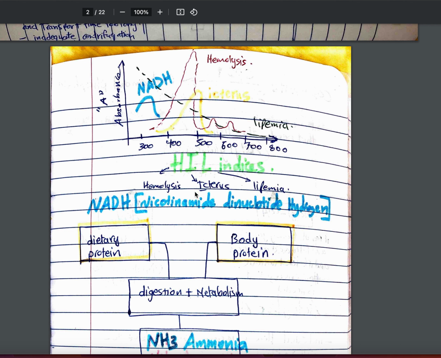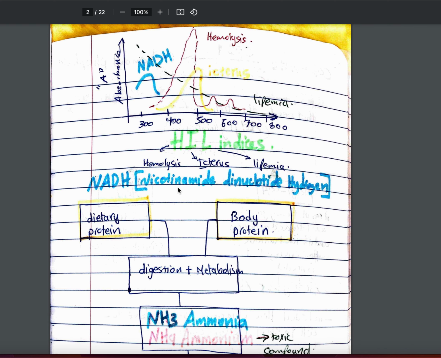We measure them in units: hemoglobin in grams per liter, bilirubin in micromoles per liter, and lipids in millimoles per liter.